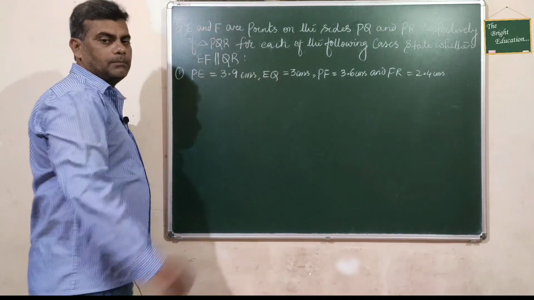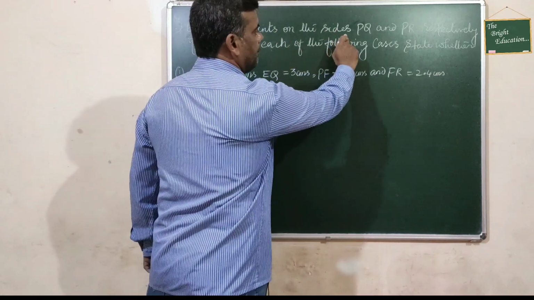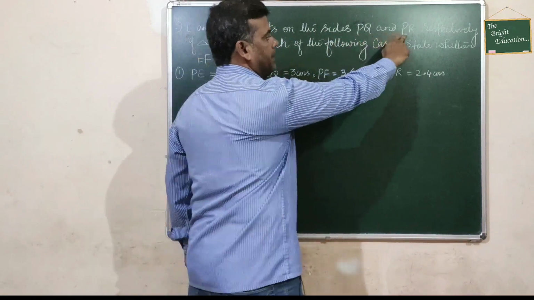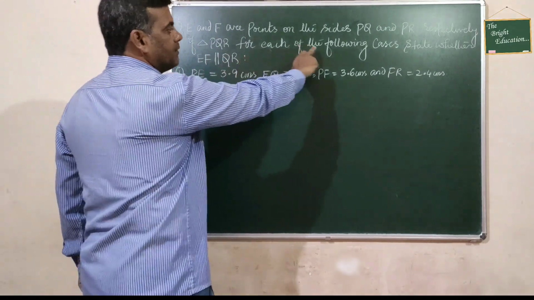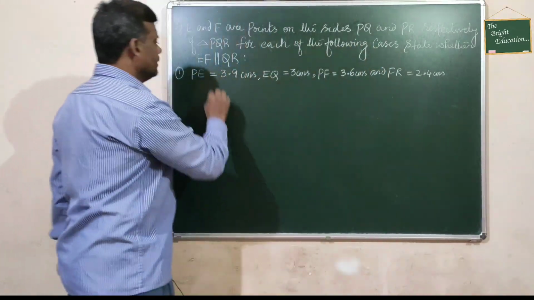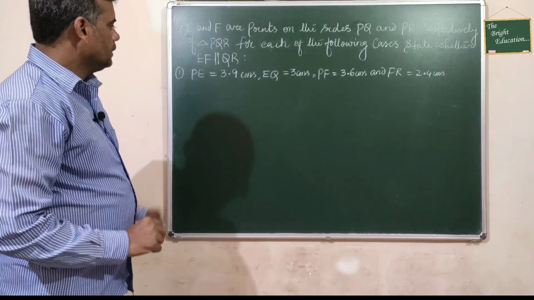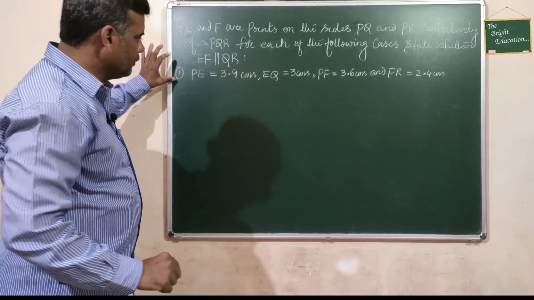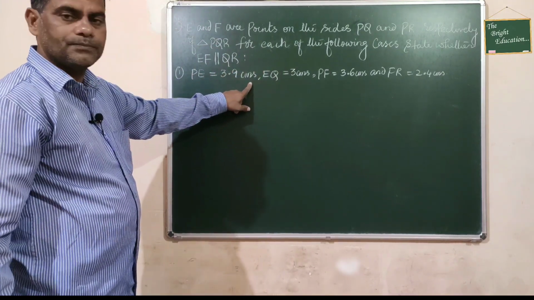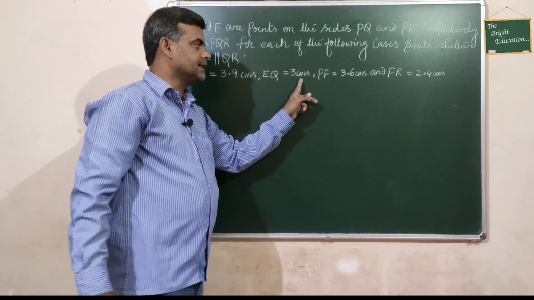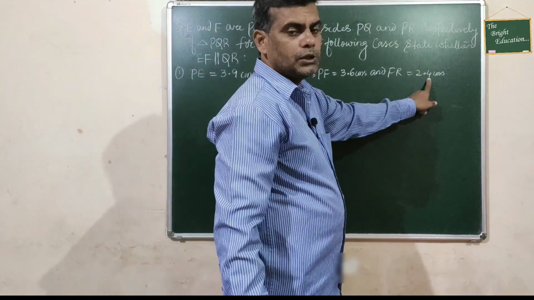In the second problem, E and F are points on the sides PQ and PR respectively of triangle PQR. For each of the following cases, state whether EF is parallel to QR or not. The values are given here: PE equals 3.9 centimeters, EQ equals 3 centimeters, PF equals 3.6 and FR equals 2.4.